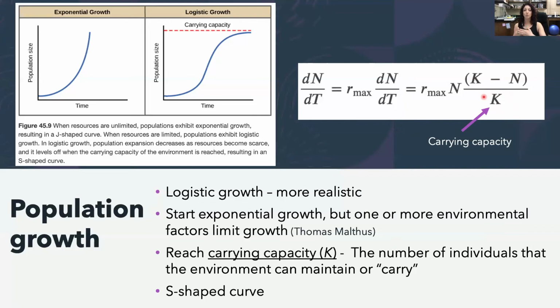So when N, or the population size, is large, this term (K minus N) over K comes close to zero, which means that the population growth is going to be greatly slowed or even stopped altogether. So population growth is greatly slowed in large populations by this K term.